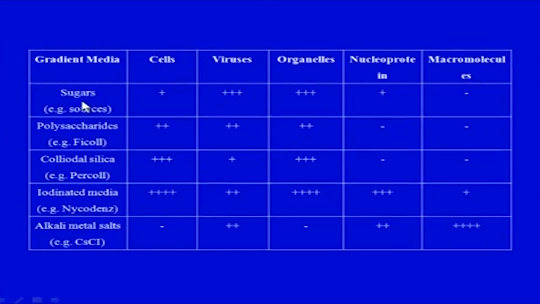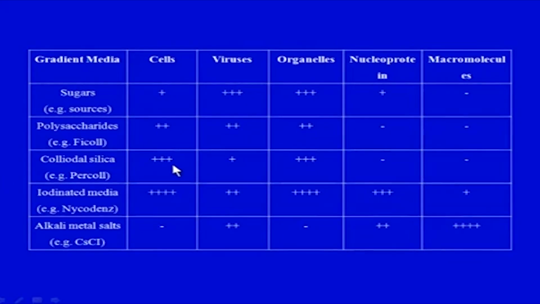Different sugars like sucrose also come in, but sucrose is a disaccharide. Now, this table gives an idea of where these applications could be. It just summarizes what we were saying. For example, gradient media like sugars are more useful for viruses and organelles. Here the signs tell highly favorable, moderately favorable and low favorable. Polysaccharides you can see could be useful for isolating cells, viruses or organelles.